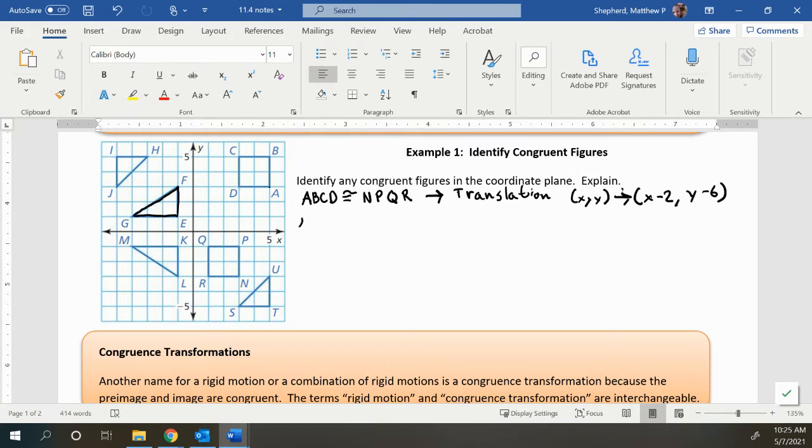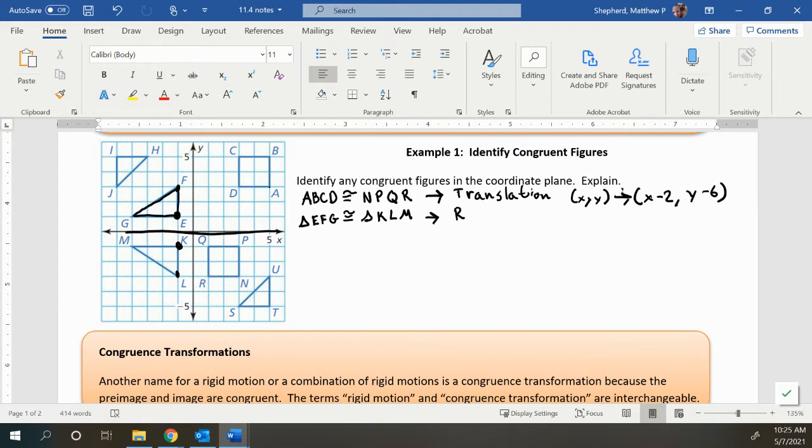E, F, G. So the triangle EFG is congruent to the triangle. Now E is going to be the same as K. So I'll put K first, and then F, which was up here, looks like it's the same as L. So K, L, M. And this was a reflection.